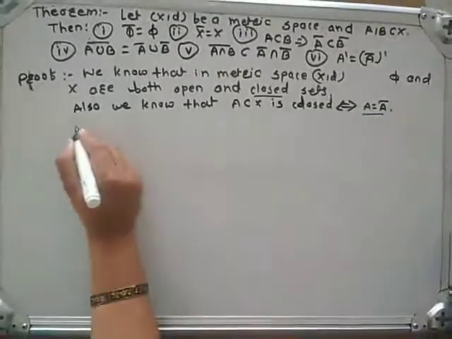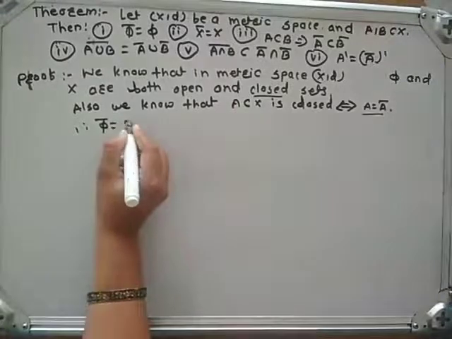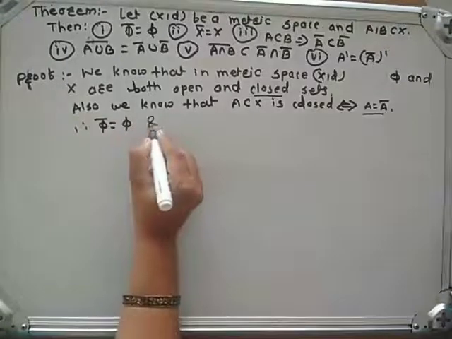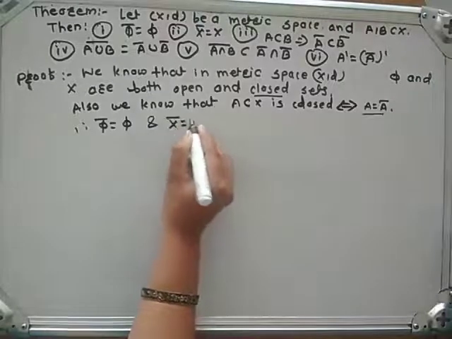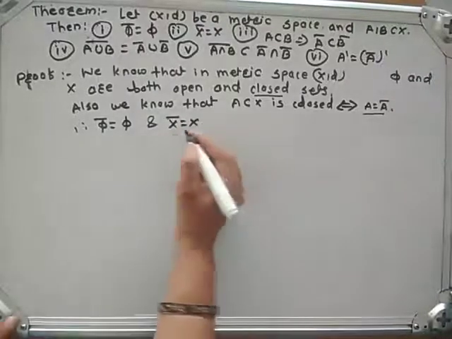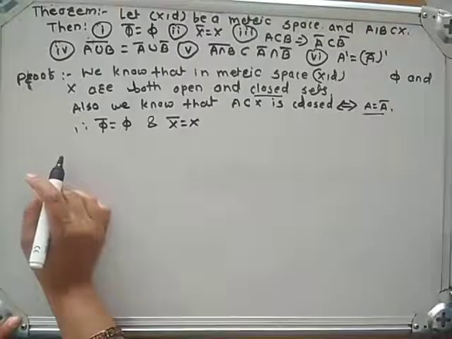Therefore, obviously, closure of phi is equal to phi, and closure of X is equal to X. Hence, part 1 and 2 is proved.